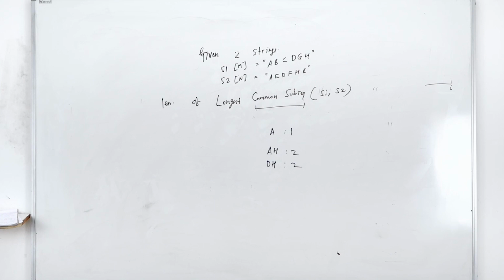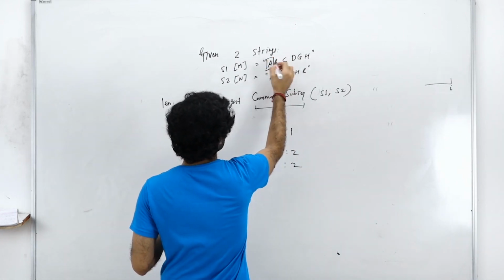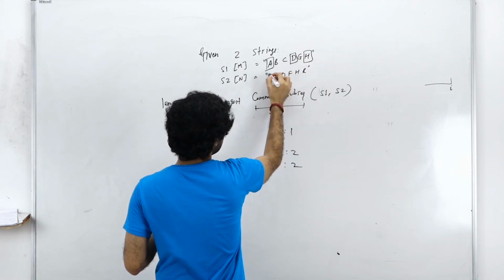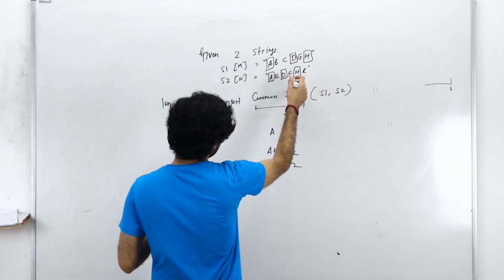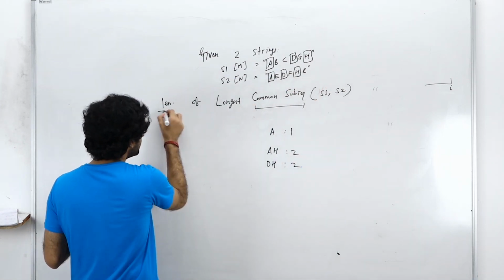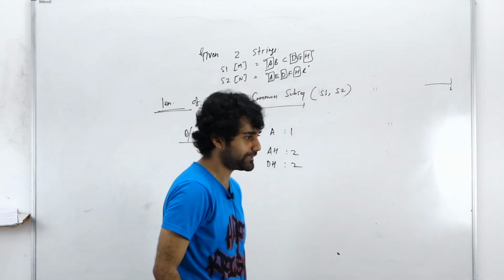Yes, that clearly is ADH. If I consider A, D, H, and they come in the same order over here, which they do, then I can say that ADH is the longest one. I'm not interested in typing ADH, I am just interested in its length. So my output here would be just 3.